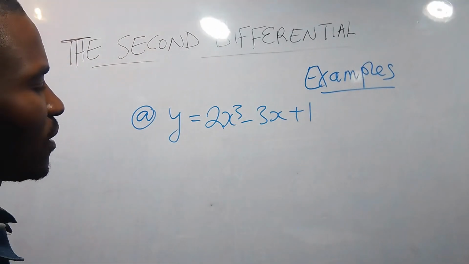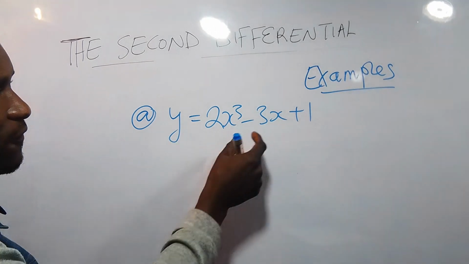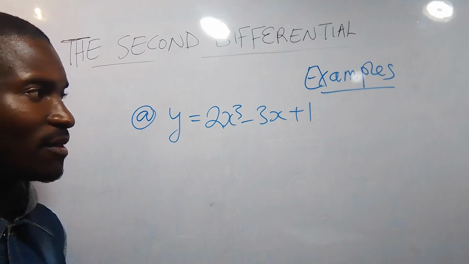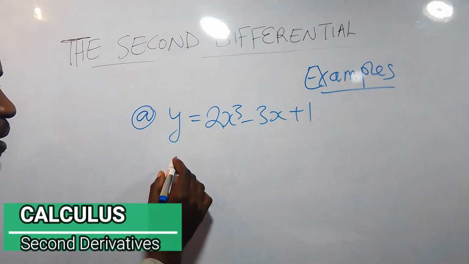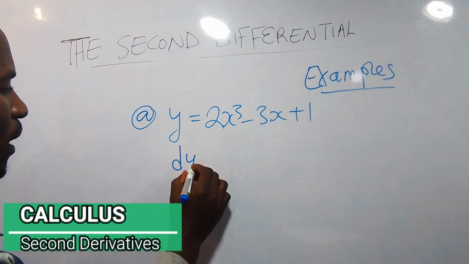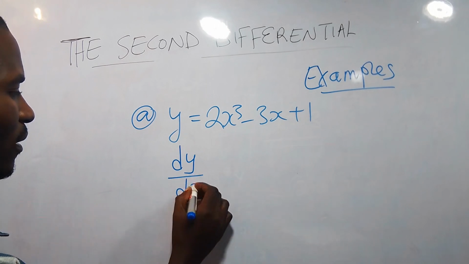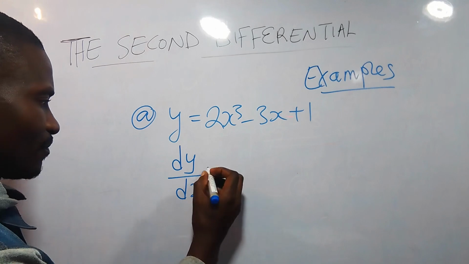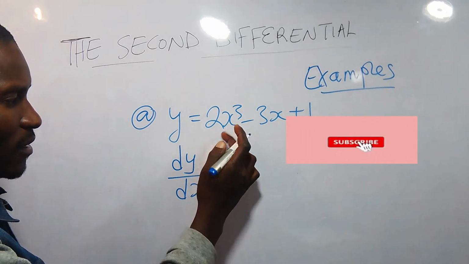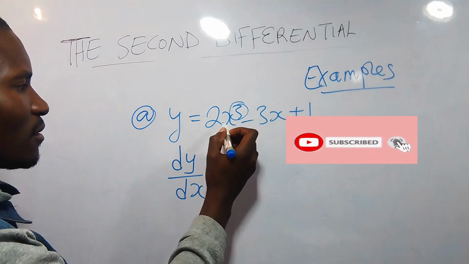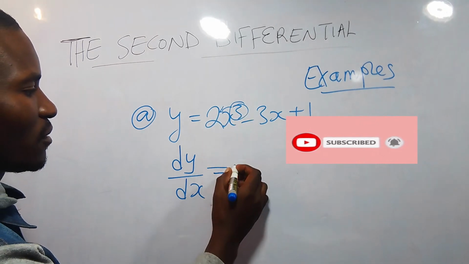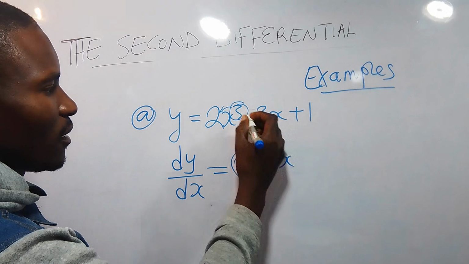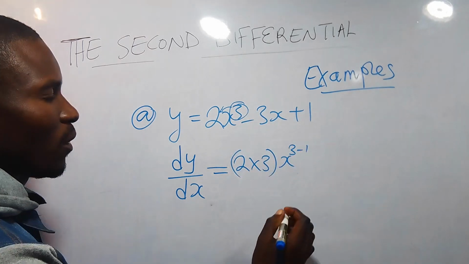Basically we understand that this y is a function of this x. So what that means is that we are going to say dy over dx. Then we multiply by this coefficient, we have 2 times 3, and then x, and this power reduces by 1.